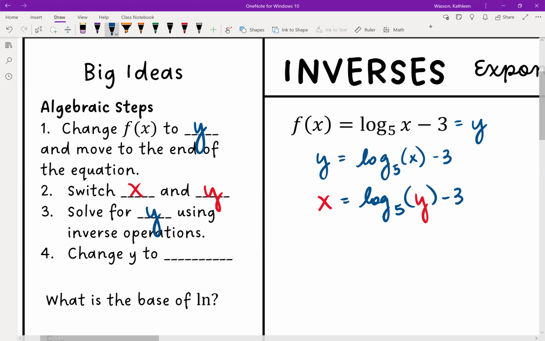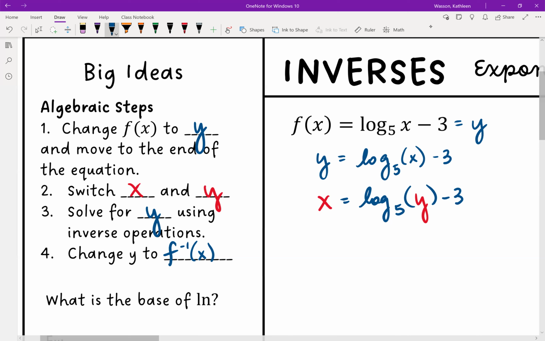And last step, change y to inverse of f of x, which will relate our final y equals equation to our original y equals equation. Again, this exponent is not a calculation. This just relates the inverse equation to the original. So whenever we solve this one through for y, which I'll do right now, then it relates back to the original one.